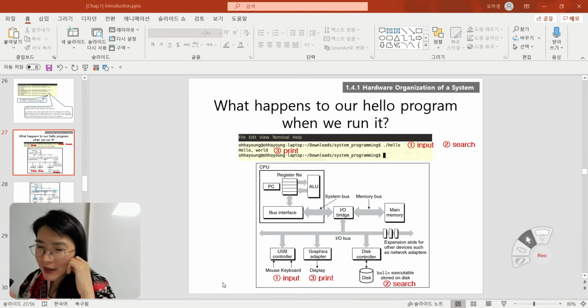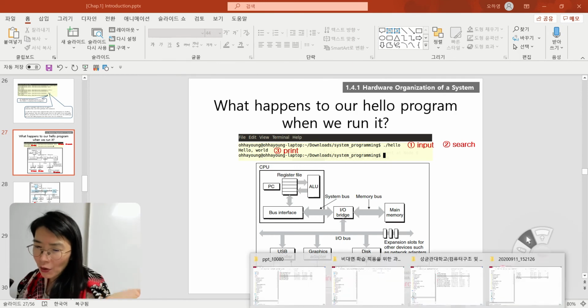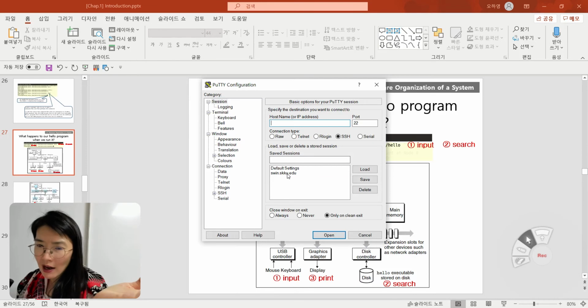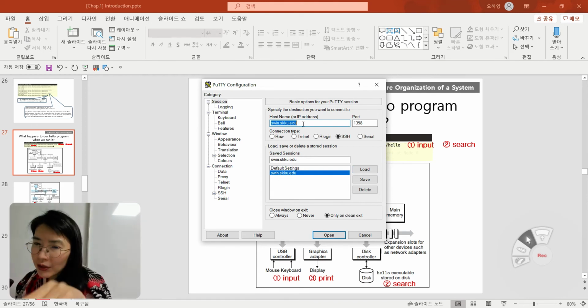All right. For example, at this time, even though I also try to connect to the Linux server with my PuTTY, as you can see on the screen, the host name is swin.skku.edu, port number 1398, the server of Sungkyunkwan University.